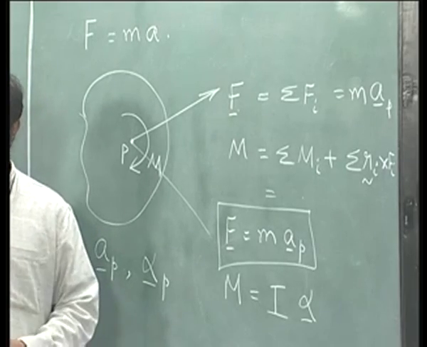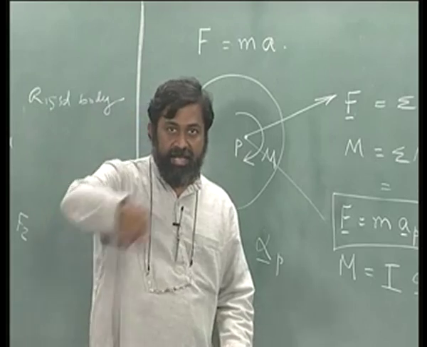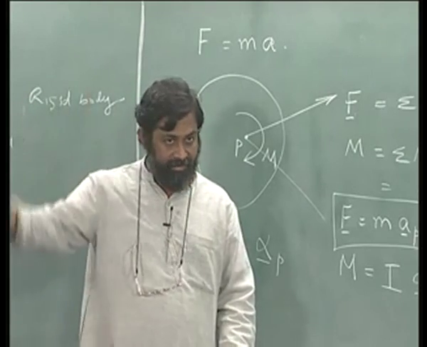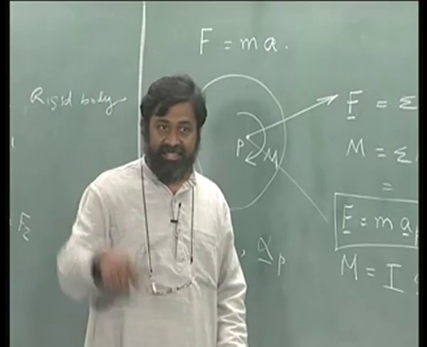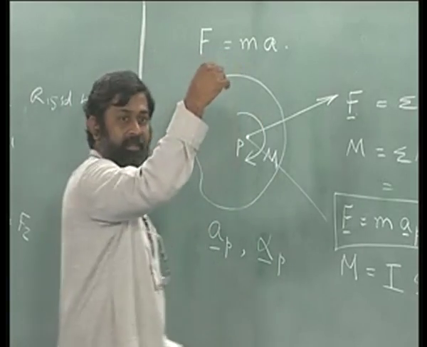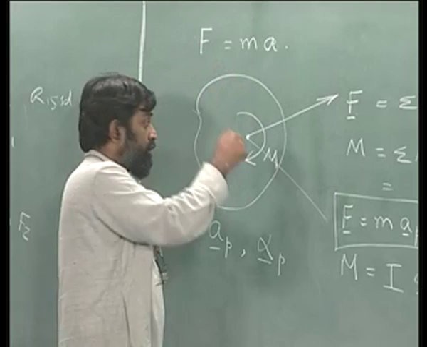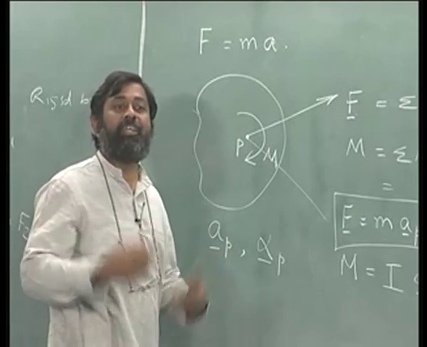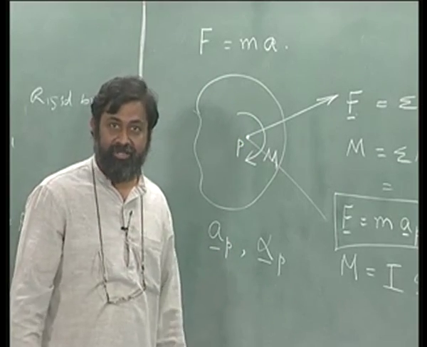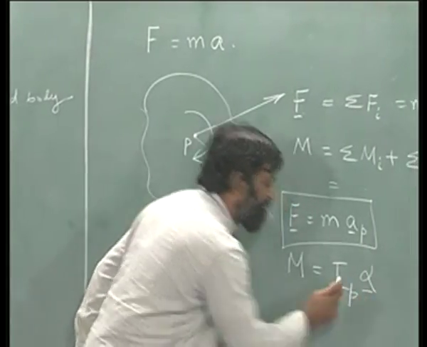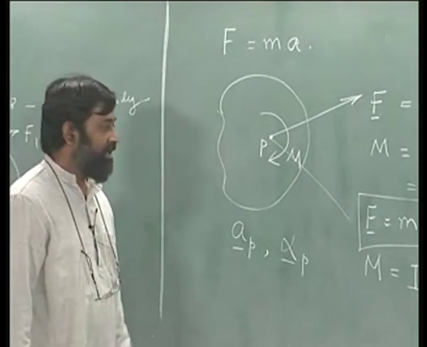I will repeat this again. Supposing it is having an angular acceleration about an axis, and I know the axis, I will take that axis passing through this P and find out the polar moment of inertia IP, and that will give me the result.